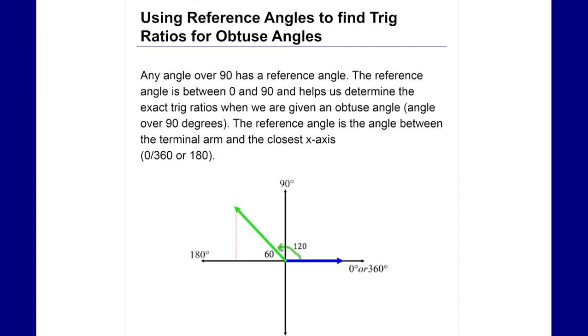Even though our initial arm is always going to be pointed in this direction, the reference angle is going to be to the closest x-axis. So even though our angle is 120, we can use a reference angle of 60 to help us determine the exact values of this terminal arm or of this angle.